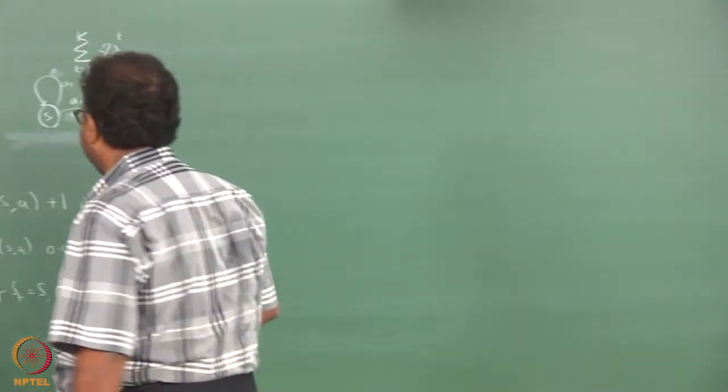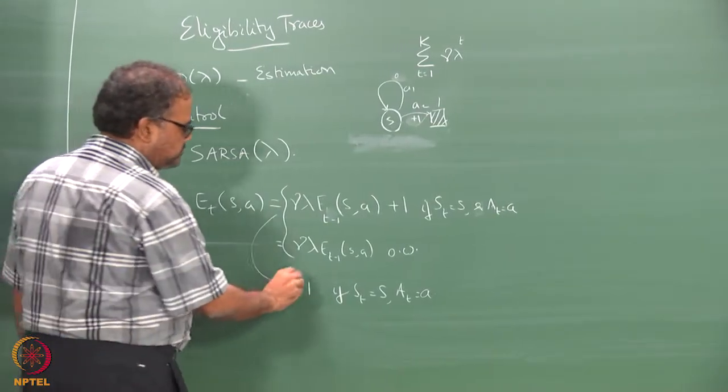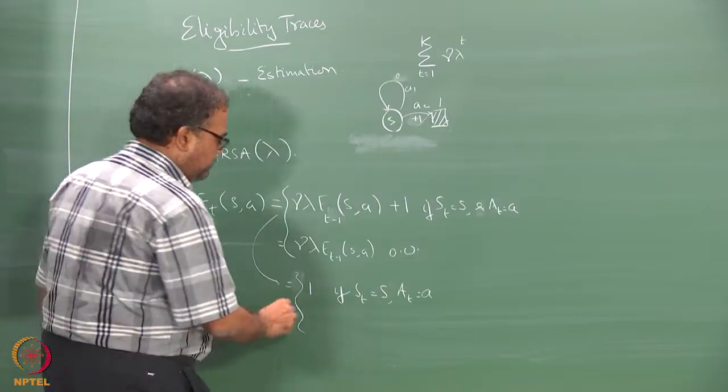So what you can do is, this is one way of doing, this is accumulating trace, this is replacing trace with 3 conditions.